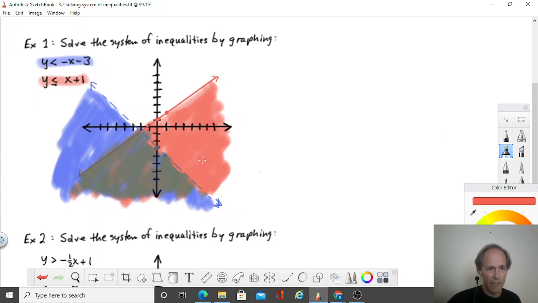And the overlap, where both are shaded, that is our answer. So this whole area down here, the overlap of both, that's the answer. Those are the points that satisfy both.